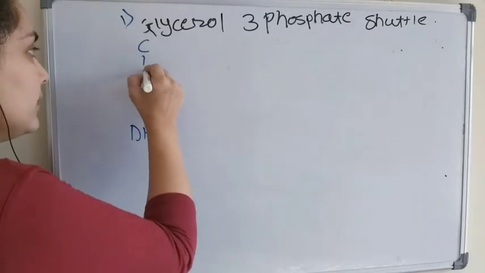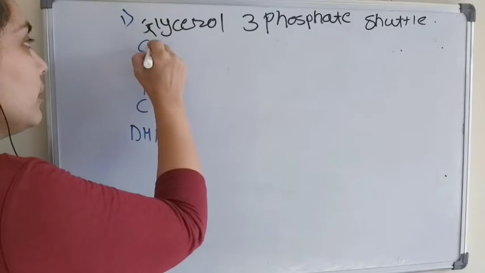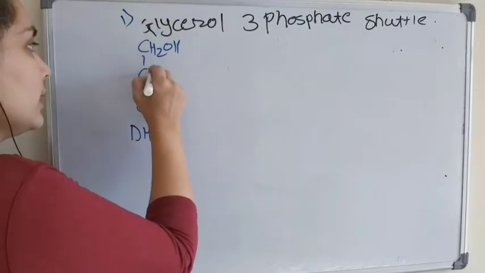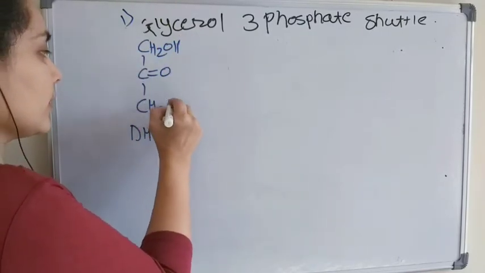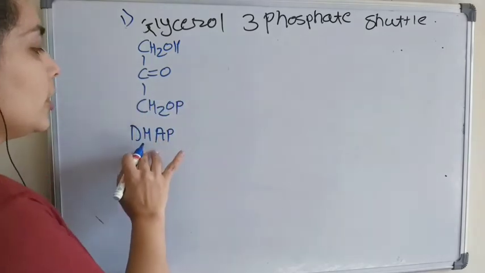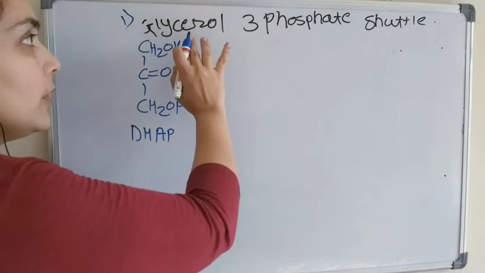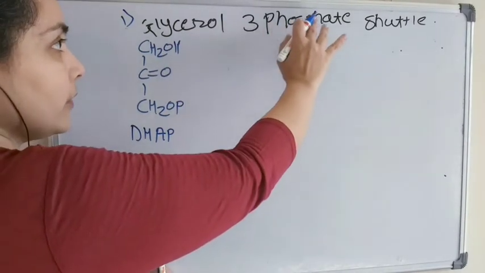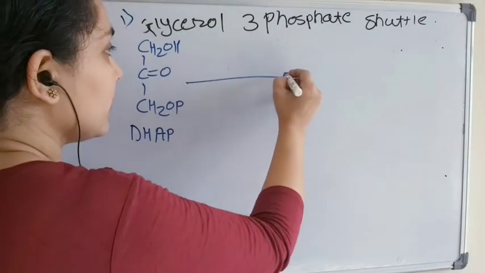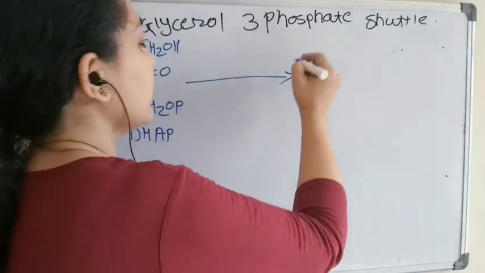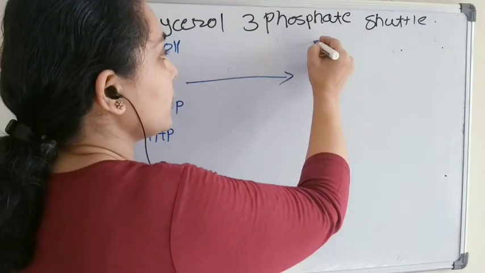The structure is, it is a 3-carbon compound. This is the structure of dihydroxyacetone phosphate. The first step during the glycerol 3-phosphate shuttle system is that dihydroxyacetone phosphate will convert into glycerol 3-phosphate.